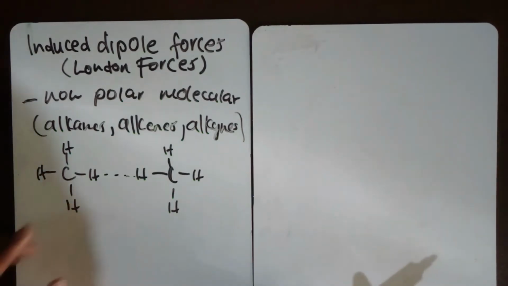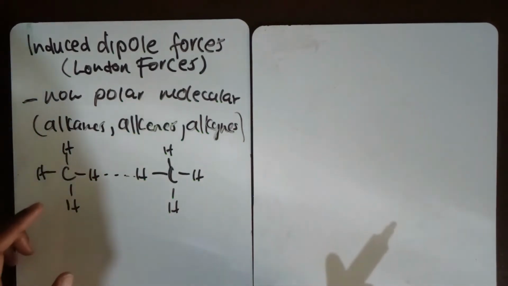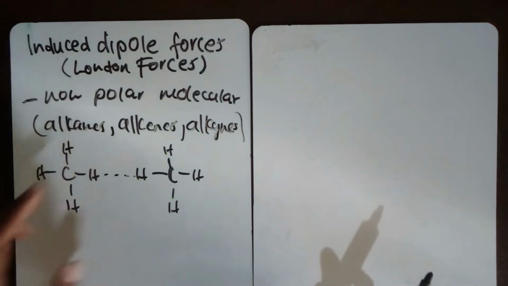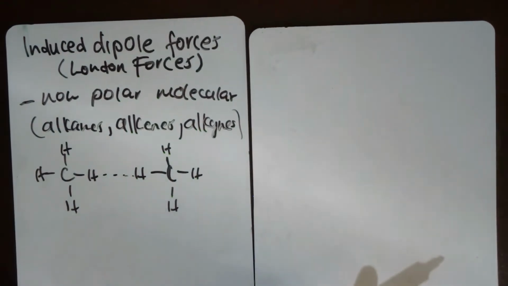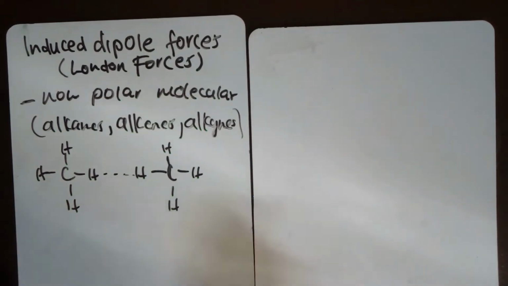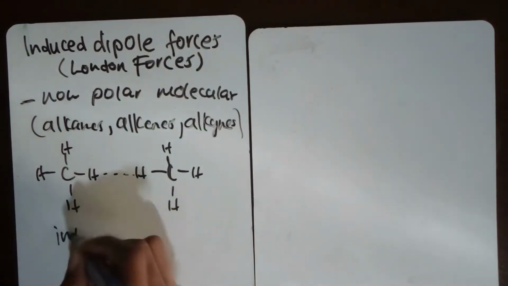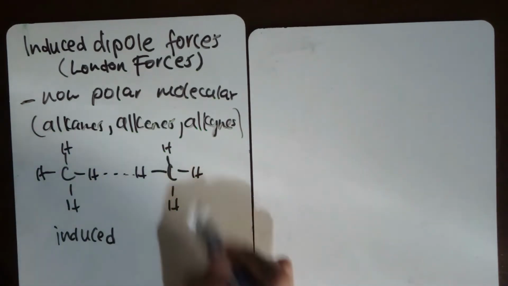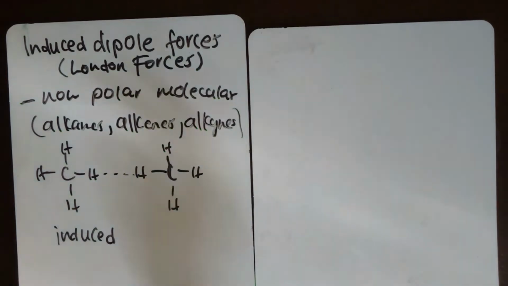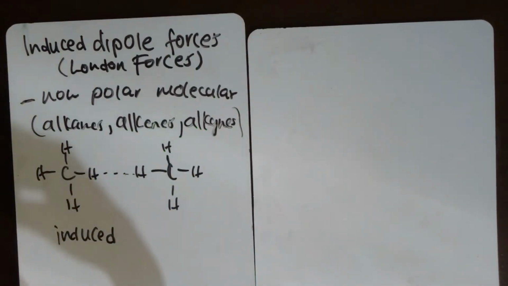They occur between nonpolar molecules because these nonpolar molecules are going to form what we call a temporary dipole, or an induced dipole.